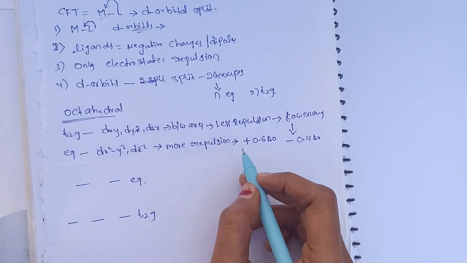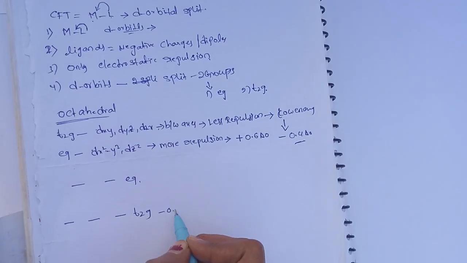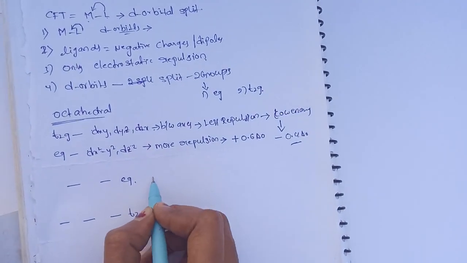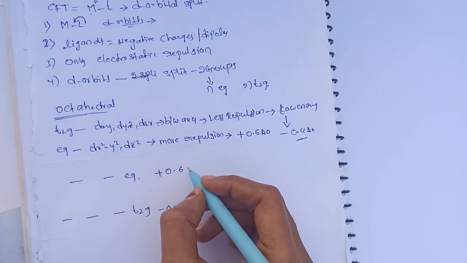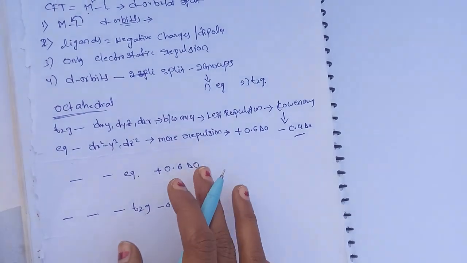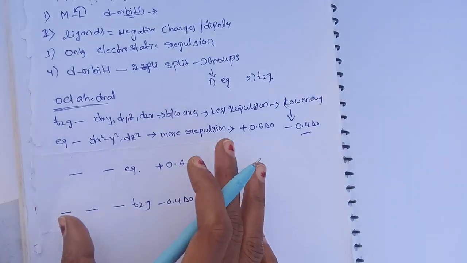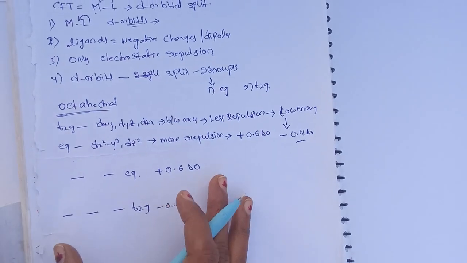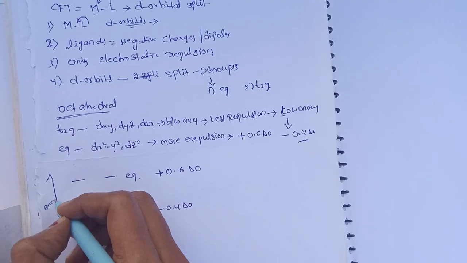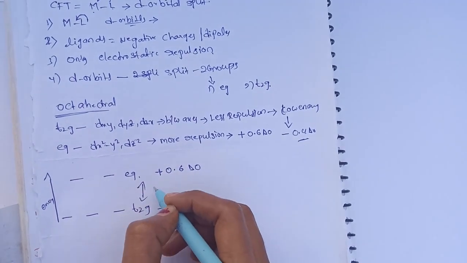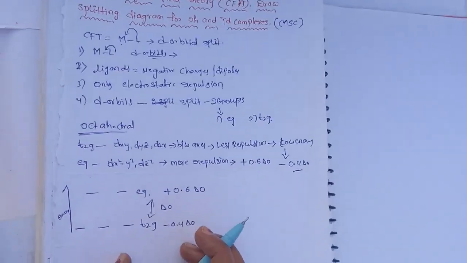I already told you T2g is minus 0.4 delta naught. Eg is plus because of high energy, that's why plus charge. Low energy, that's why minus charge. So the T2g and Eg diagram is this one. This is the energy axis. This is delta naught, and delta naught means octahedral.